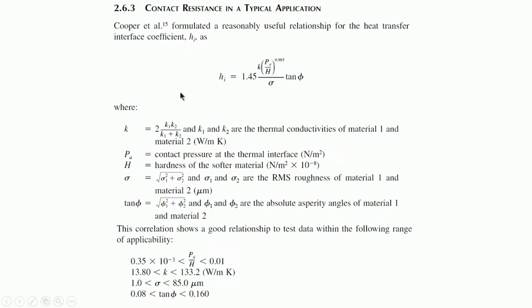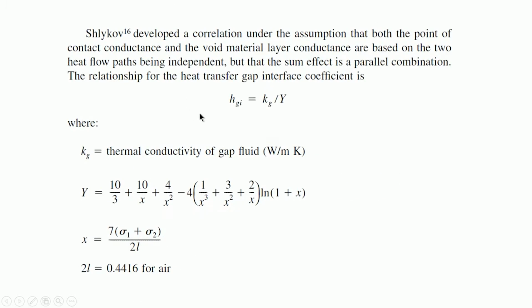Similarly, while this has been made by one researcher, they developed a calculation under the assumption that both the point of contact conductance and void material layer are based on the two heat flow paths being independent. Some effect is a parallel combination.